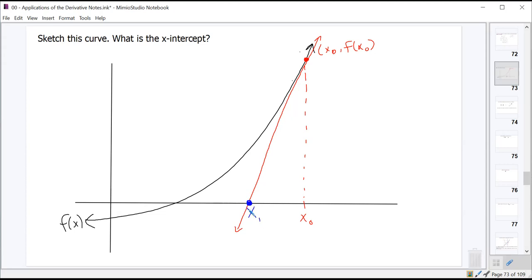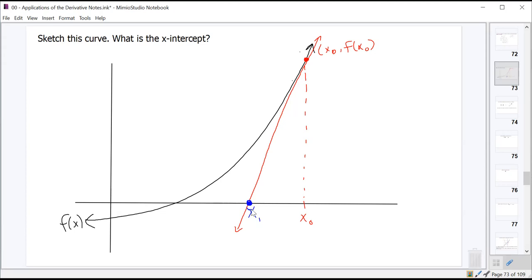We're going to note that that x-intercept is a better approximation for the actual x-intercept of our function than our original guess was. And it'd be nice if, knowing what our initial guess x naught was, we should then hopefully be able to find the value of x1. In order to do that, though, we would need to know the equation of the line that we drew that gave us x1.